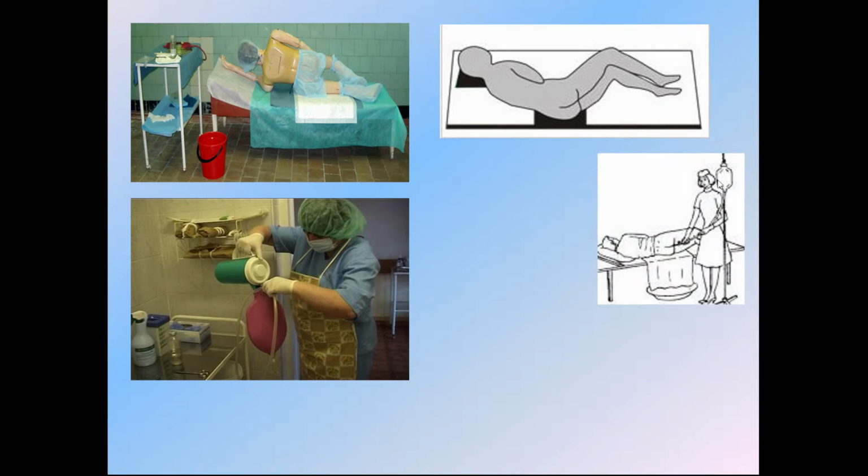The irrigator is placed on the stand, nearest 1 meter above the patient, and then we'll carefully introduce the end of the tube, the plastic end, into the anus.